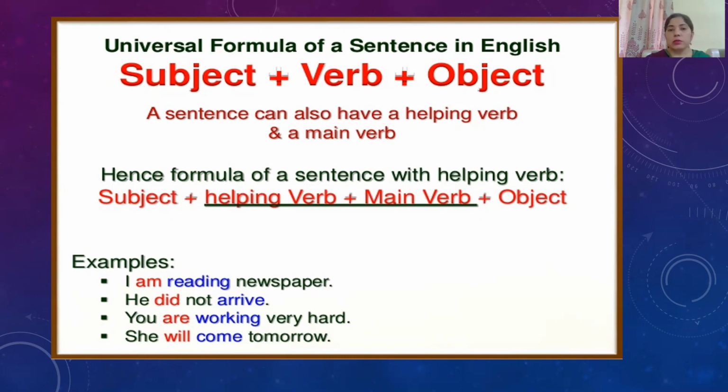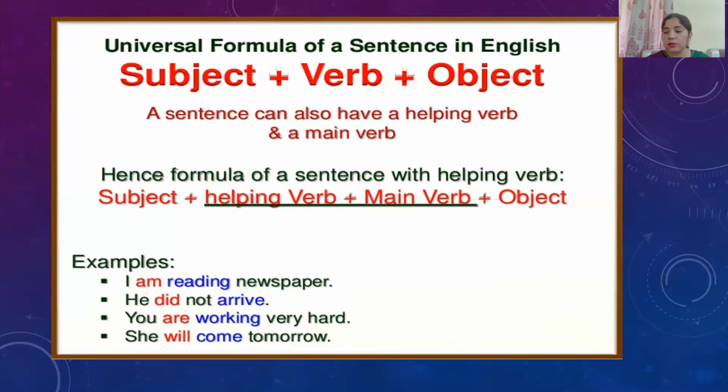Okay. So how do we form a sentence correctly? Subject, then verb, and then object. Now this verb part can at times be a combination of a helping verb and a main verb. For example, I am reading newspaper. So here am is a helping verb, whereas reading is the main verb and newspaper is the object.